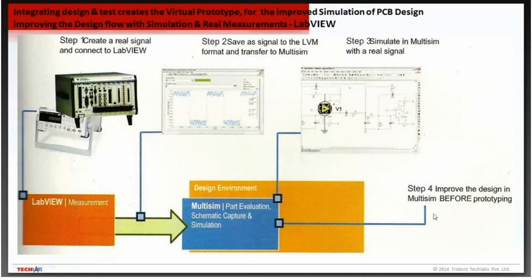It includes mostly four steps. First, you generate any kind of real-time signal from LabVIEW. Then you save that signal in LVM format and import it into Multisim. You design any kind of circuit in the Multisim window, where you import that real-time LabVIEW source, and then you go for the simulation.